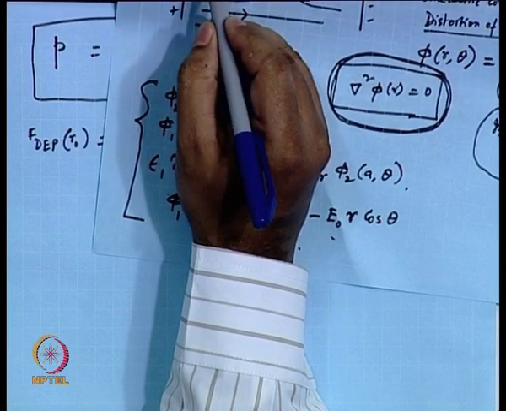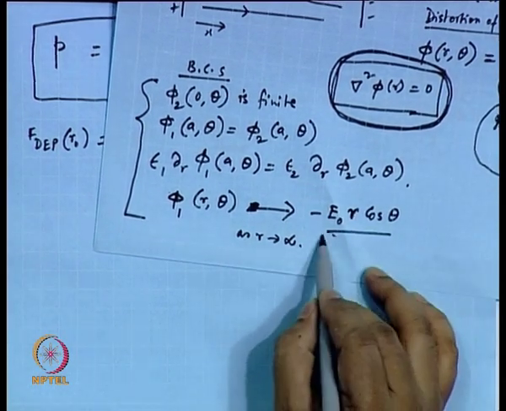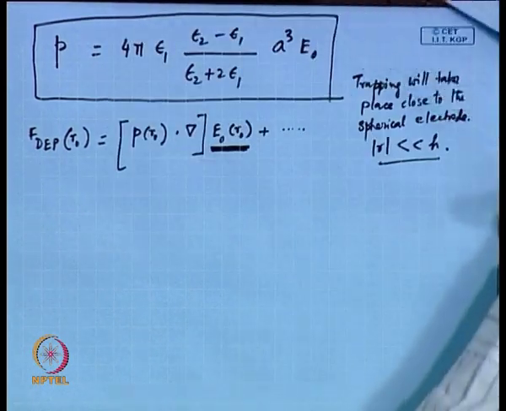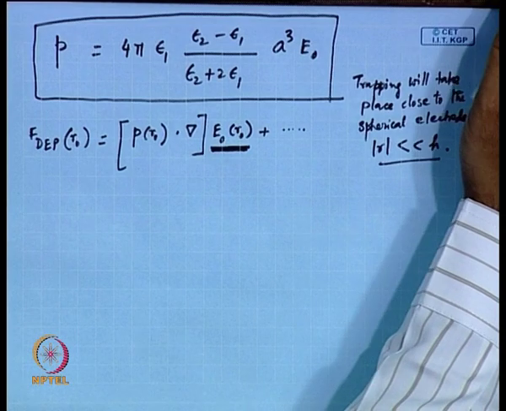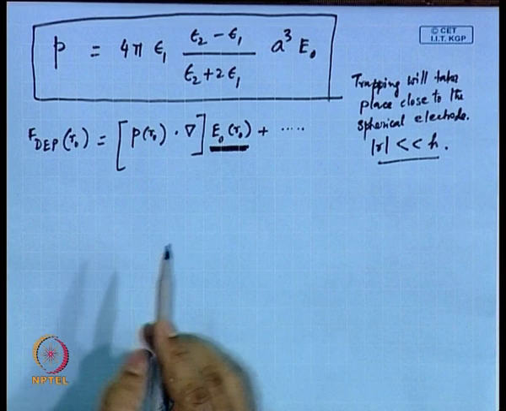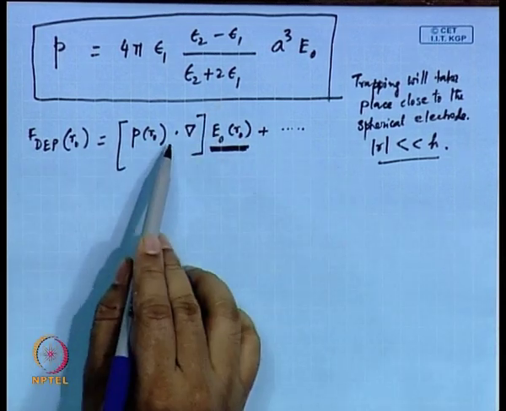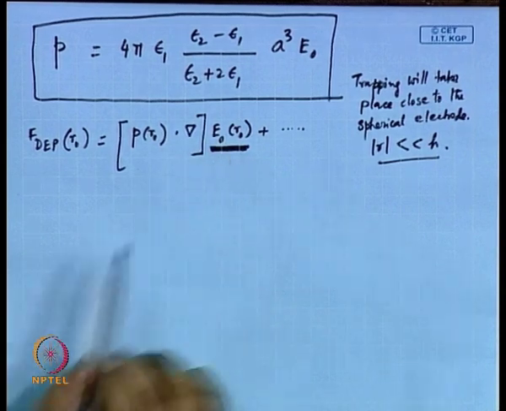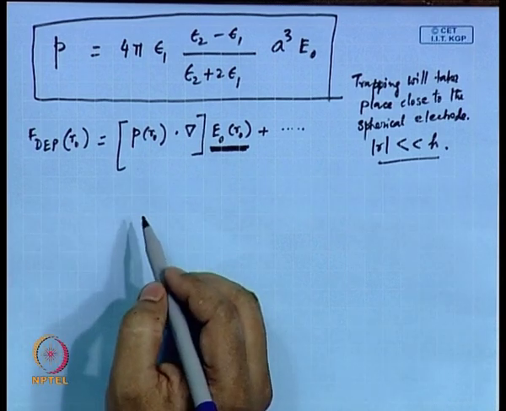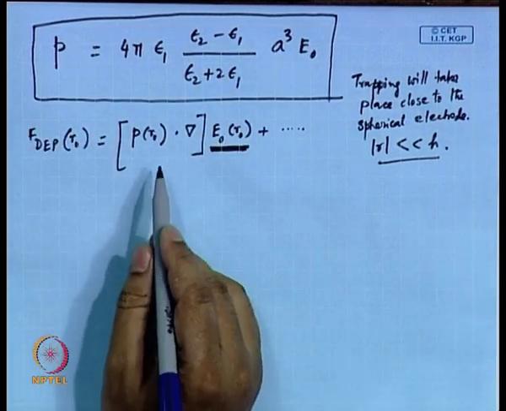You remember this was the unperturbed electric field line. Ideally, I do not think you can write this in terms of E0, so there should be other higher order terms which you are not considering in this process. You are only focusing on P at R0 dot delta E0 at R0, and then you are bringing in the expression for P inside.